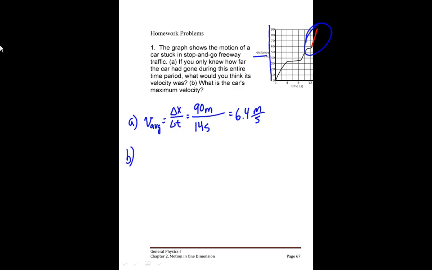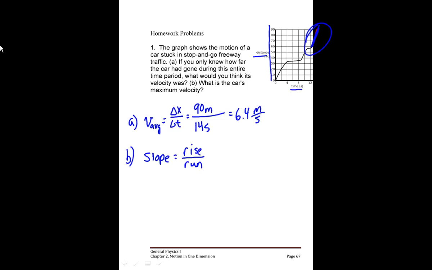Now this is distance versus time, and the slope of a distance versus time graph is equal to the velocity, or the instantaneous velocity. So I want to find the slope of this line right here, and the slope is rise over run.